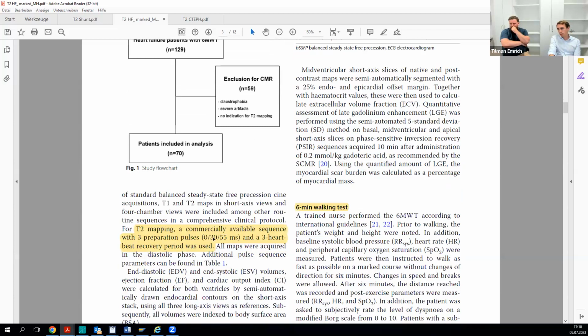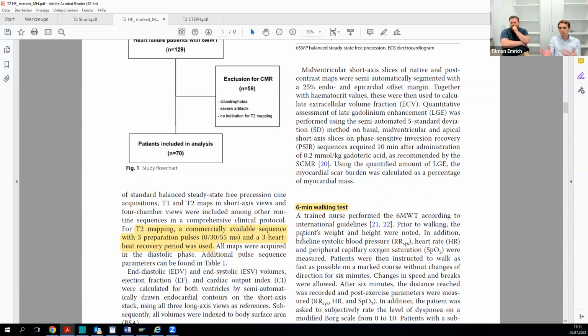So what we did for our CMR protocol is a basic protocol that can be employed for a variety of cardiomyopathies or heart failure workup. And I think we want to concentrate on the T2 mapping side here. It's a commercially available sequence with 3 preparation pulses and a 3-beat recovery period.